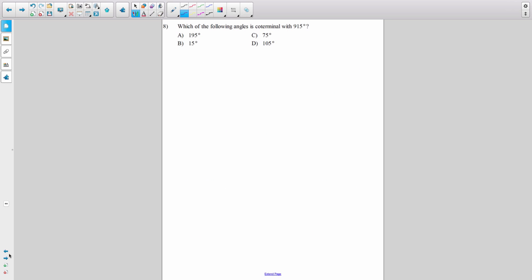Number 8. Which of the following is coterminal? So coterminal just means ends with. So to get there, there's a million answers. It's limitless.